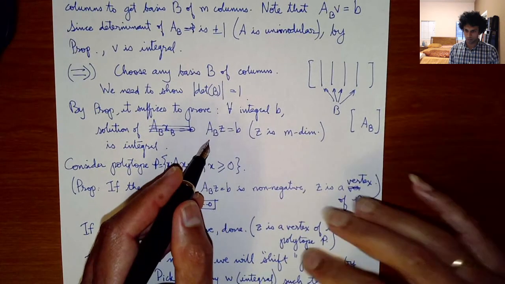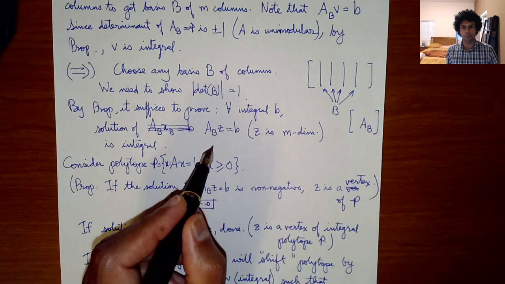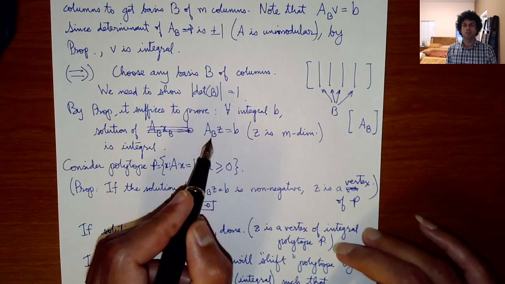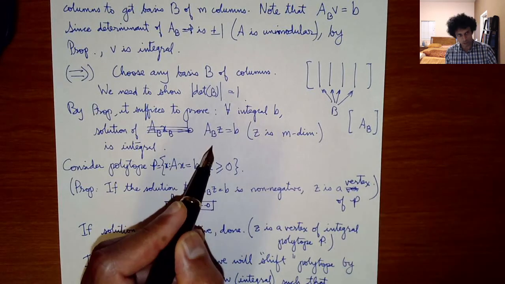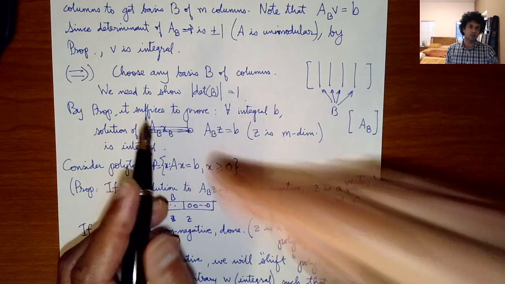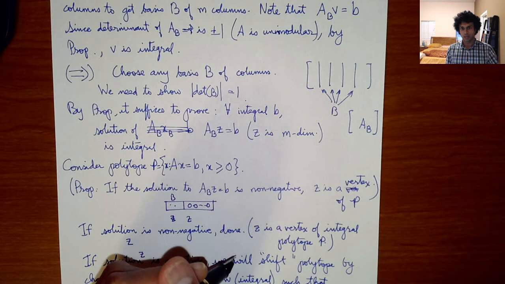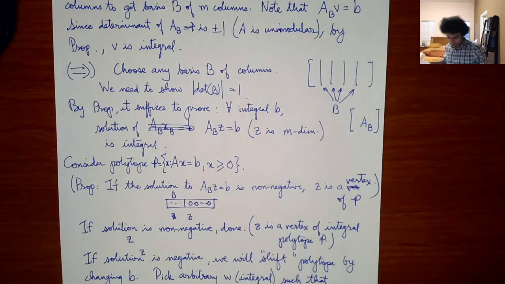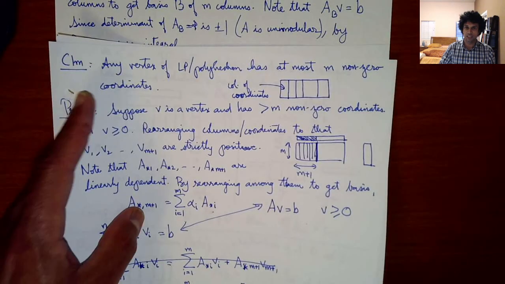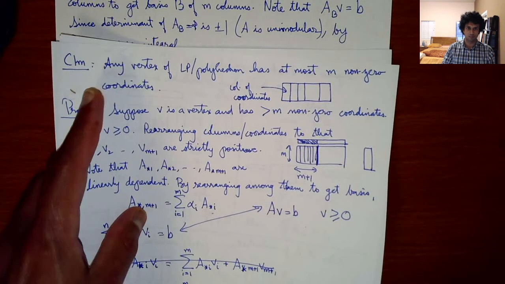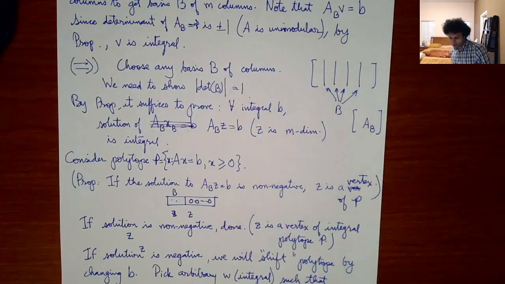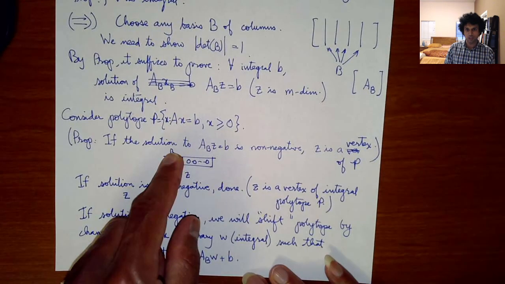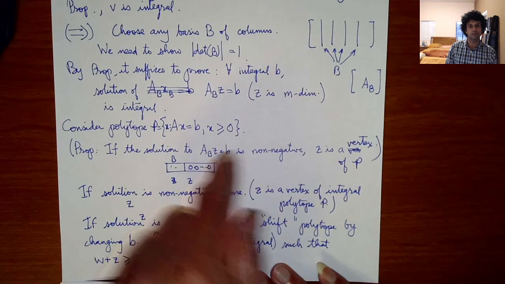So there are multiple chains here, right? We're using the proposition to convert this question about the determinant to just checking that the solution is integral. And this we can now relate to the vertices of the polytope. The way we relate it is that we started with this key characterization, that the vertices have at most n non-zero coordinates. And moreover, there is this additional proposition that I showed here, saying that if the solution to A_B z is non-negative, then z is a vertex of P. So one needs to prove this proposition.